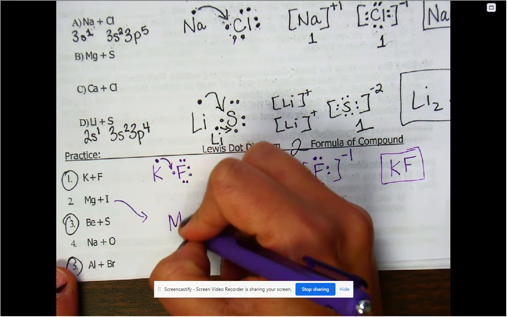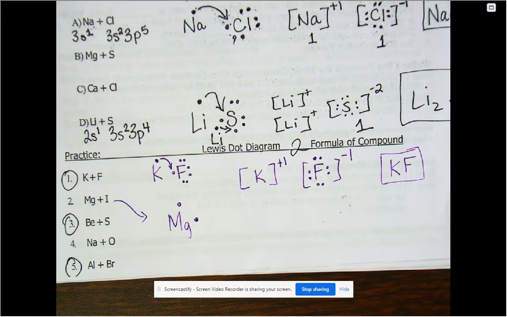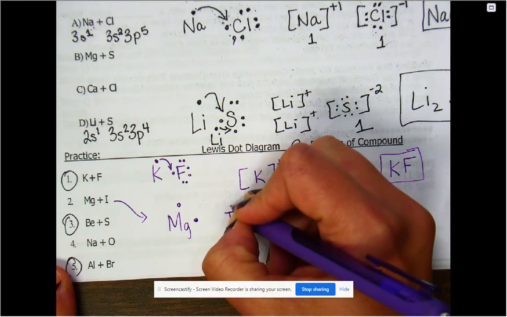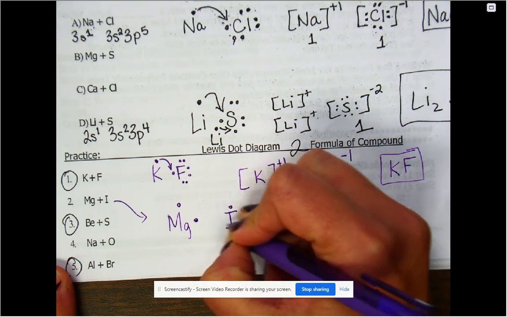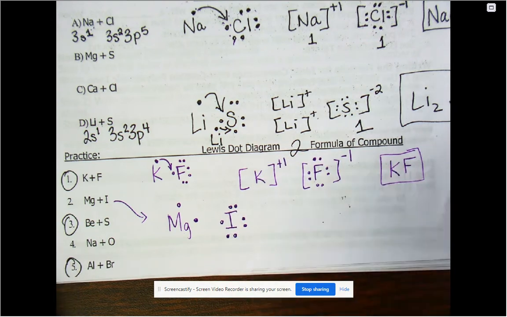So we're going to say magnesium, and we're going to go 1, 2. How many does iodine have? 7. Good. 1, 2, 3, 4, 5, 6, 7.